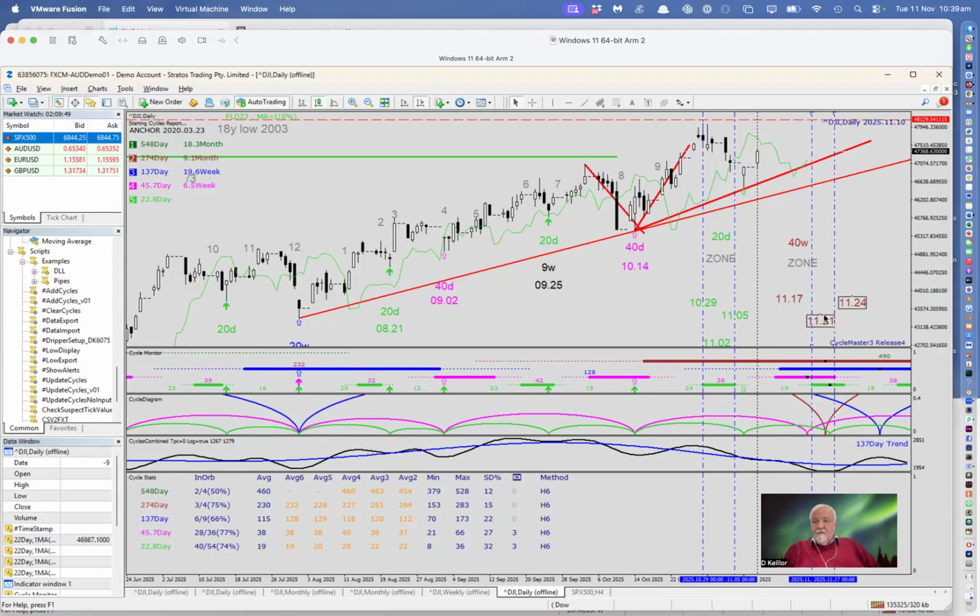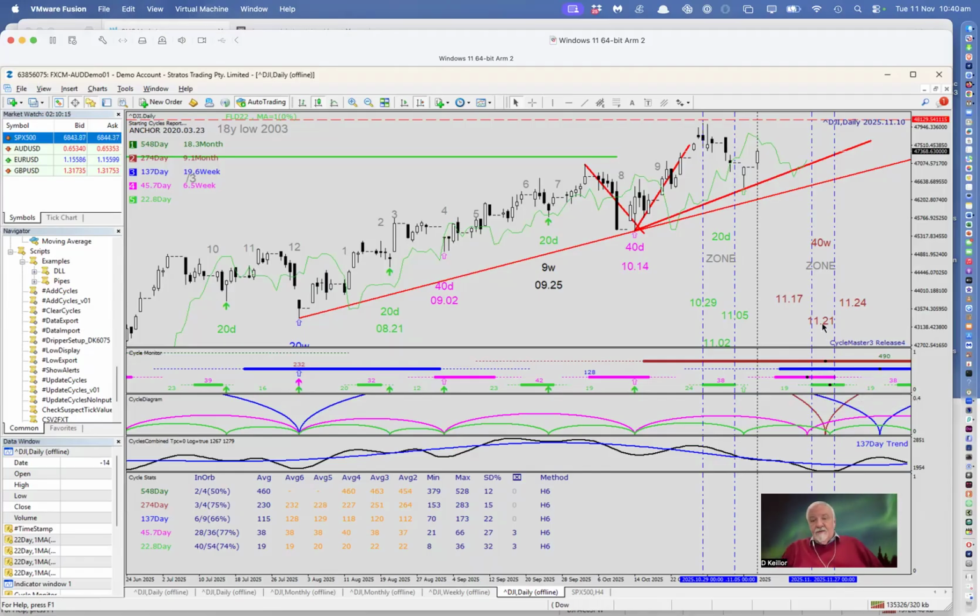Now, I'm not going to do that right now, but that's an example of why we don't push too far out with these orbs into the future, because they are likely going to be adjusted. So these dates need to be changed to reflect what's actually happening there.